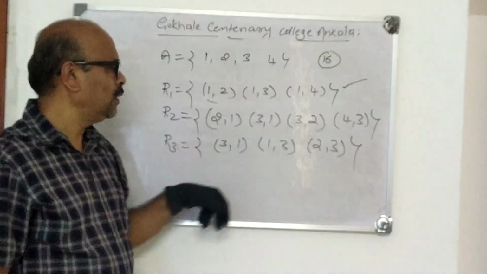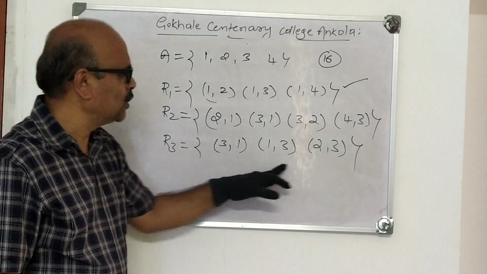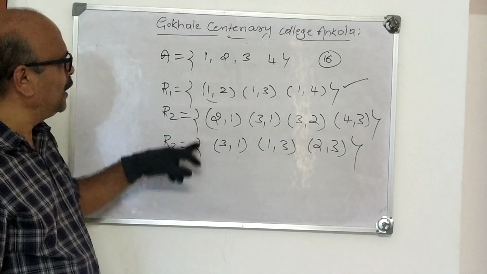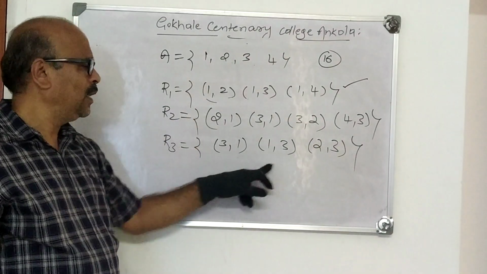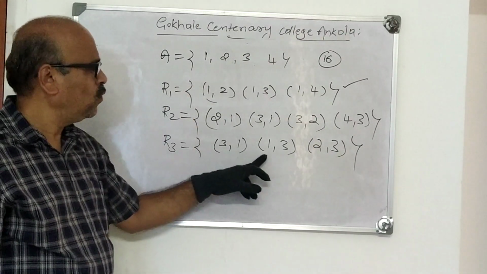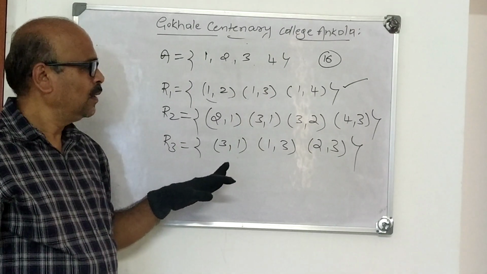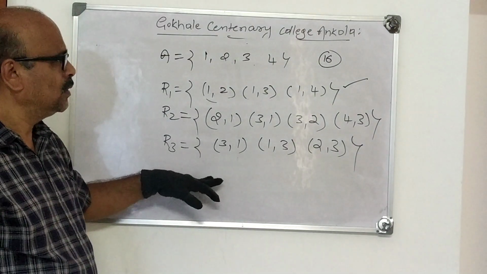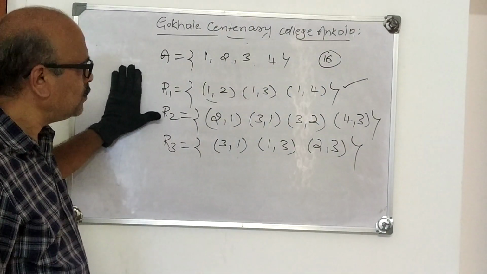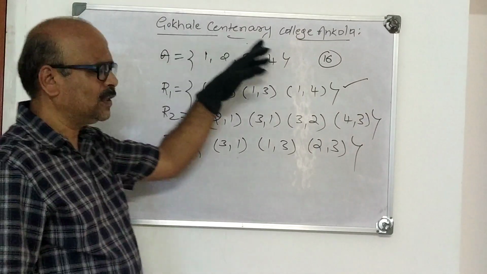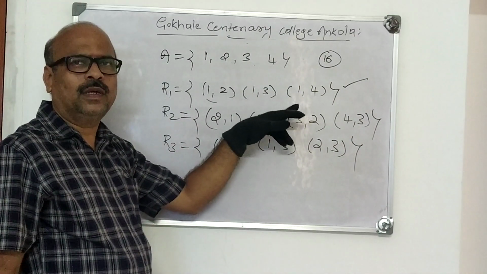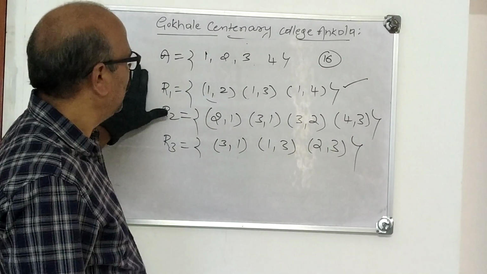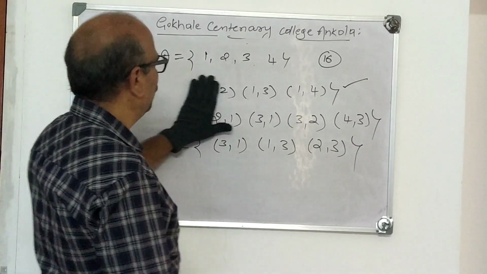But what about the third one? We cannot find any specific relation here, but it is a relation in A because it is a subset of A cross A: (3,1), (1,3), (2,3). All these R1, R2, R3 are relations. So what is a relation? A relation in a set is a subset of A cross A. This is the example.